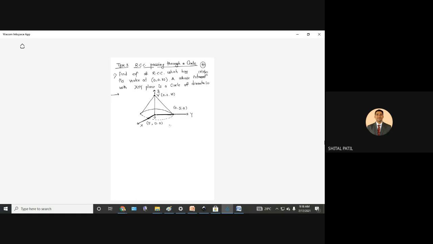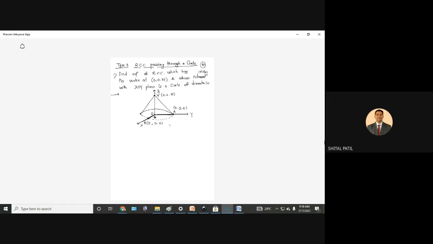Now see, I'll do it like this. Let me consider this as point A, whose coordinates are (0, 5, 0). Let me consider this as point B. This is the vertex V. The origin is there, so we don't have to consider any other point.